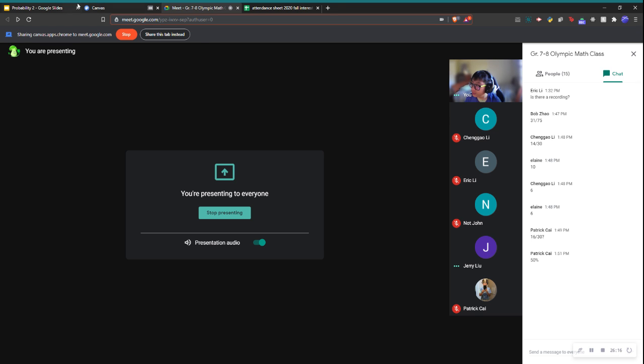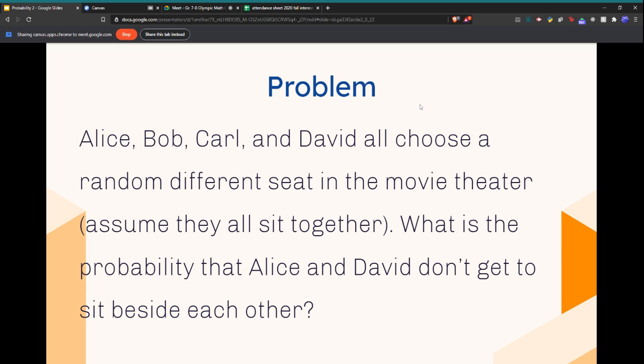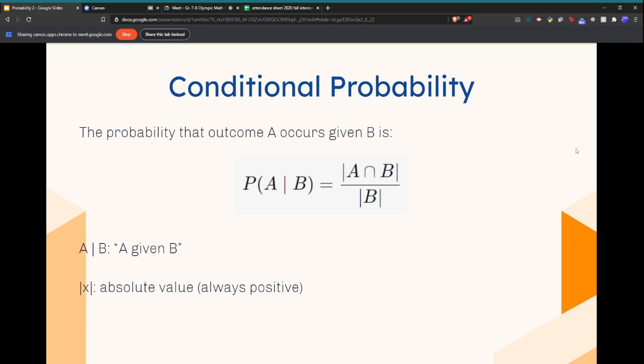No questions? All right, let's move on to the final concept. So we have something called conditional probability. You've probably never seen this before. Conditional probability is basically this: we are looking for the probability that outcome A occurs given that outcome B also occurs.